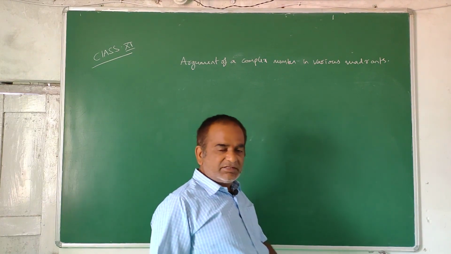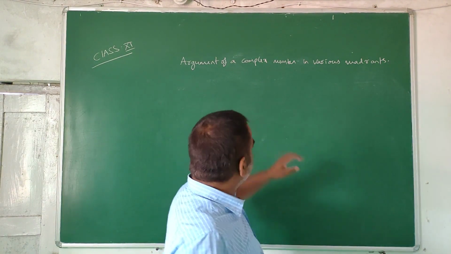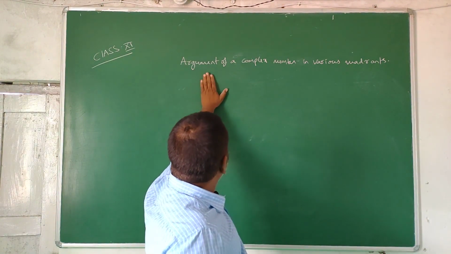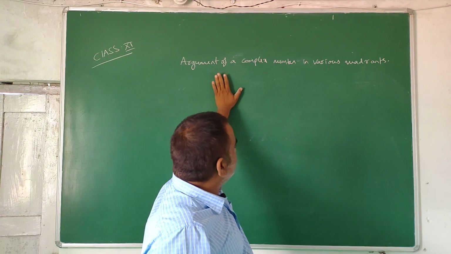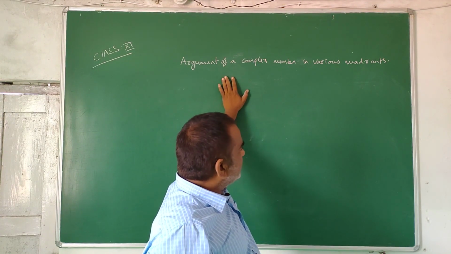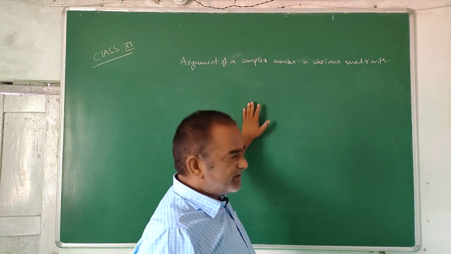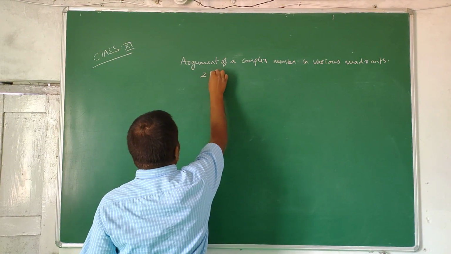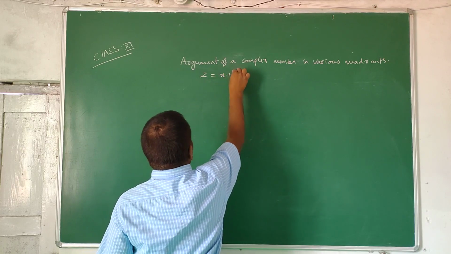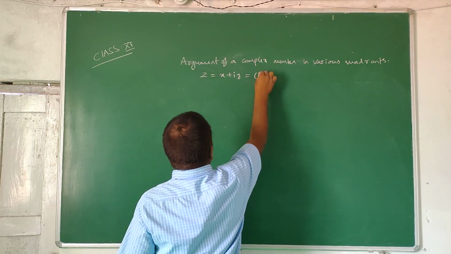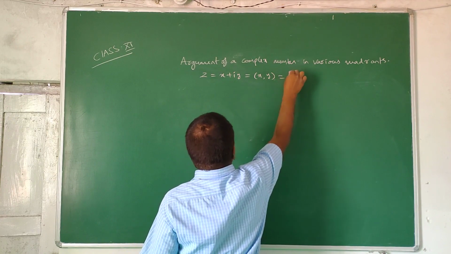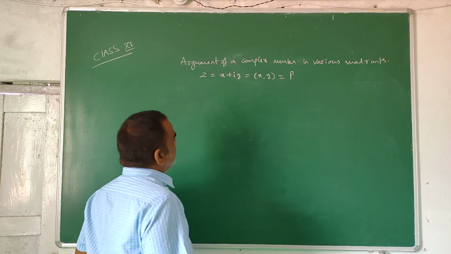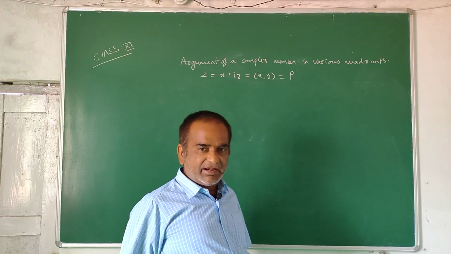So dear students, now we are going to have an important discussion, that is the argument of a complex number in various quadrants in the Argand plane. Throughout our discussion, this z is a complex number x plus iy, which is equal to x comma y, which represents the point P in the Argand plane.